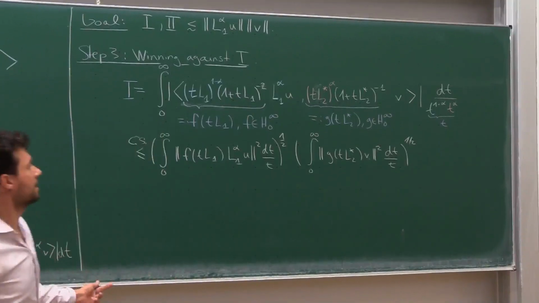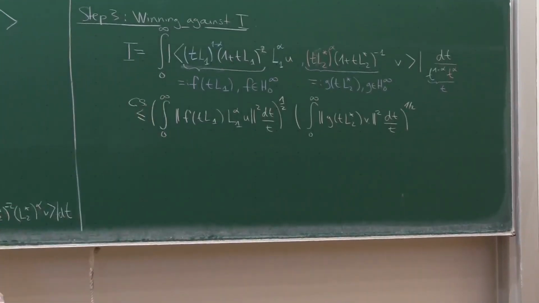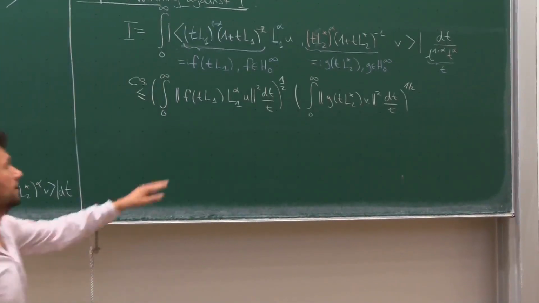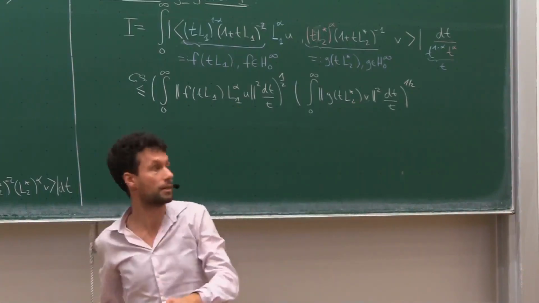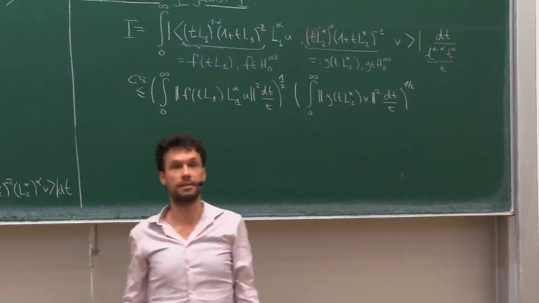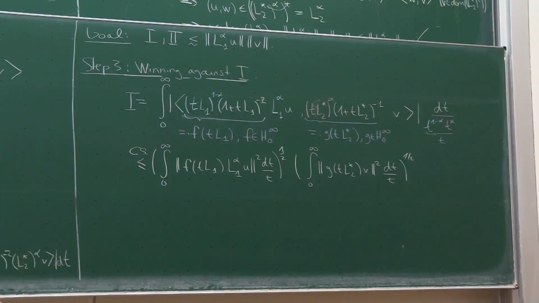And now look at that. This is quadratic estimates for L1 acting on this Hilbert space element, and this is quadratic estimates for L2 star acting on this Hilbert space element. Well, L2 star is associated to the adjoint form A2 star, which is also bounded elliptic accretive.